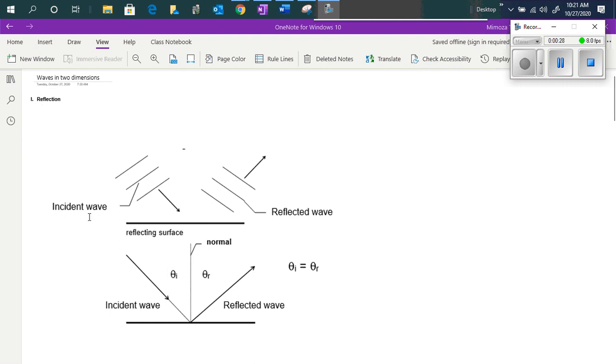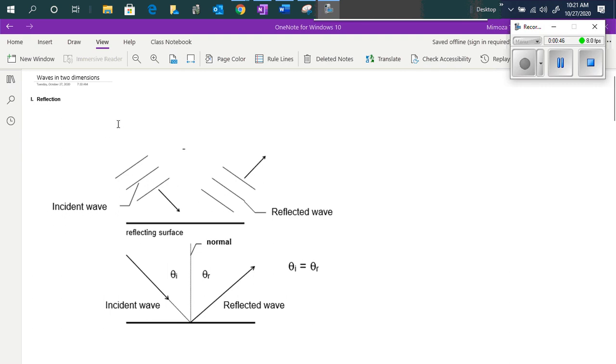This barrier can be a horizontal surface in which the wave just hits the surface and is reflected, or it can be a barrier that the wave goes around, or through an opening on the surface.